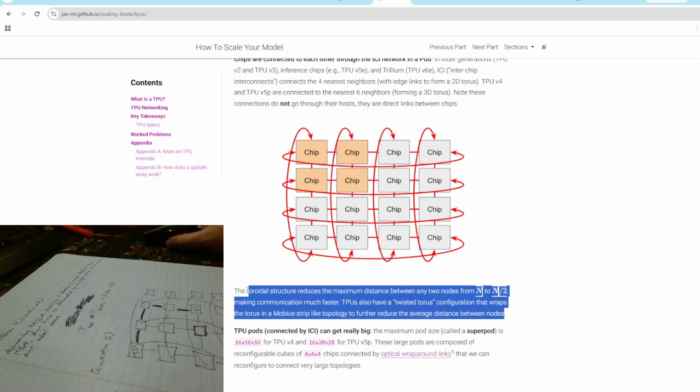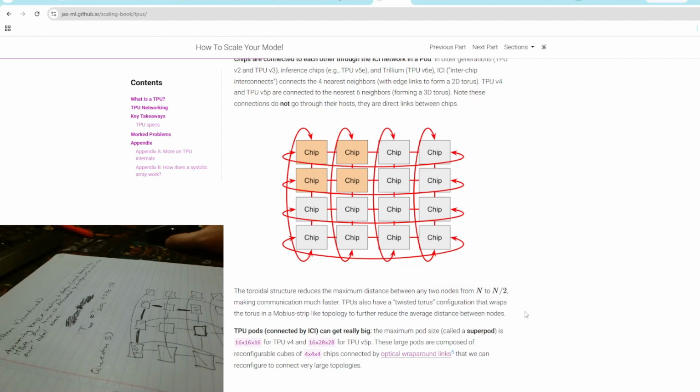Does it have something to do with this? Does it have something to do with the fact that they're not doing a wraparound? No, that wouldn't make any sense.